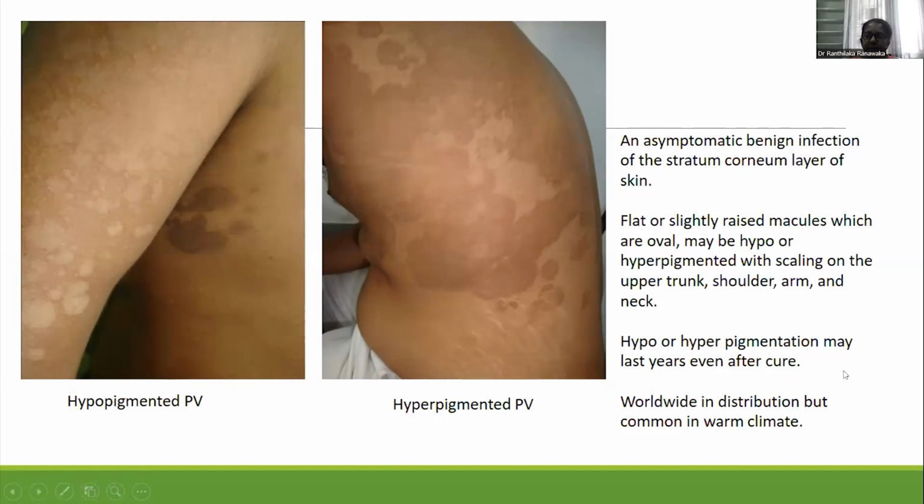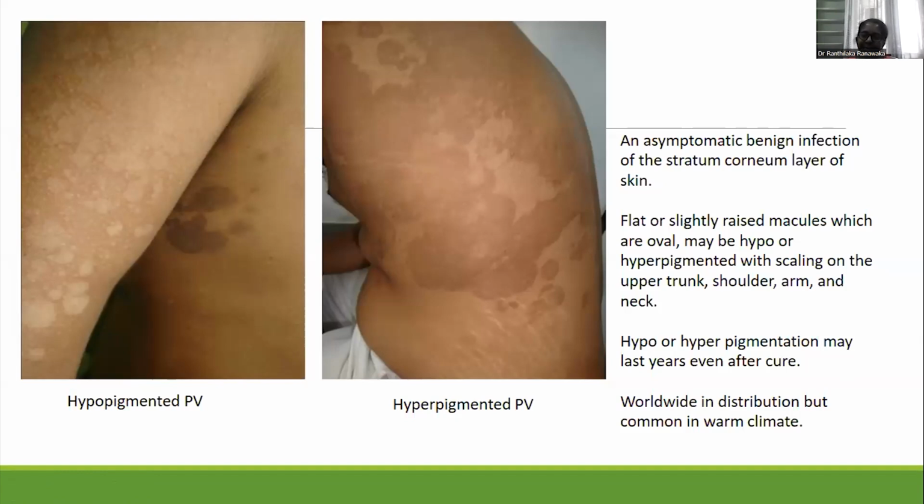So it's hyperpigmentation. The other most important thing is even if we kill the fungi, this pigmentation may last for many years, right? So we don't treat until this pigmentation disappears.